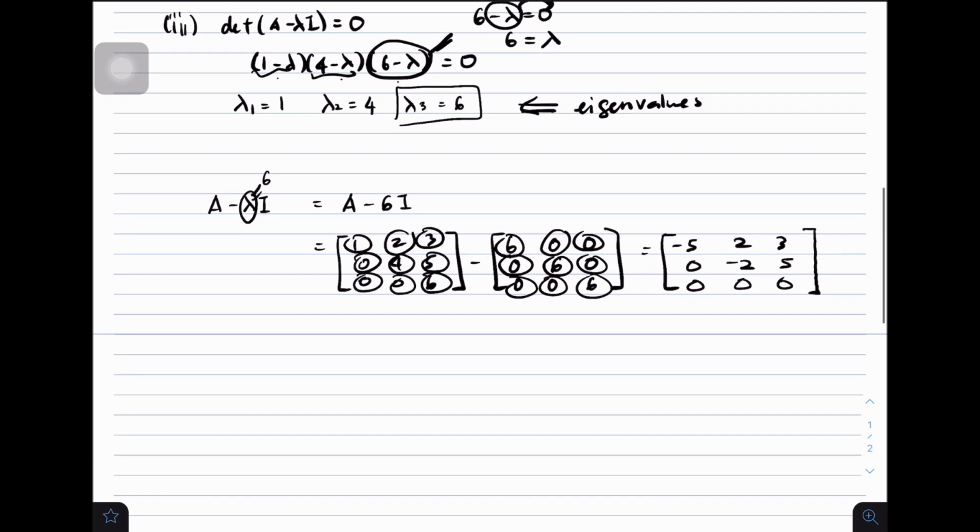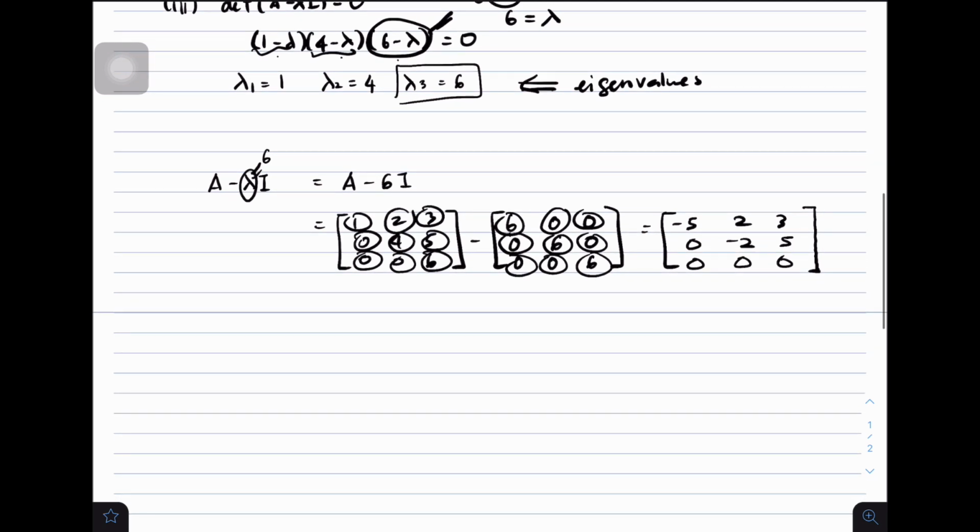Okay, so to find the eigenvector, we know that A minus 6I multiplied by matrix X is equal to 0. So now you have your A minus 6I, which is negative 5, 2, 3, 0, negative 2, 5, 0, 0, 0, multiplied by the matrix of X. The matrix of X is the unknown matrix.